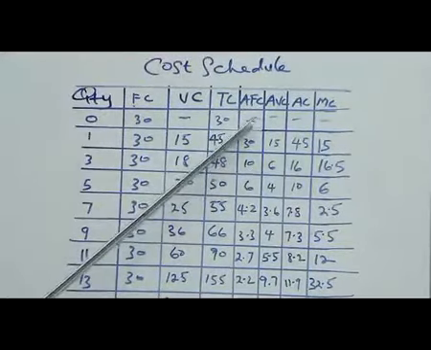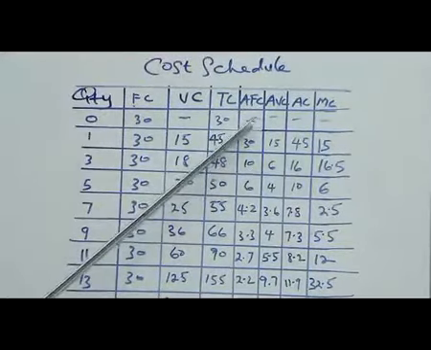Now let's go to the next one. Average variable cost. To get average variable cost, we said the variable cost divided by quantity produced. So that gives us average variable cost. We are talking about variable cost per unit. When we have a unit, the variable cost is 15, so average variable cost is 15. When we have 3 units, the variable cost is 18, so the average is 6.